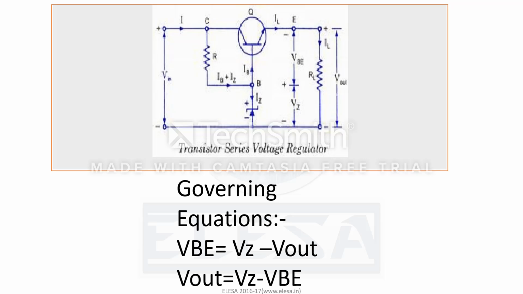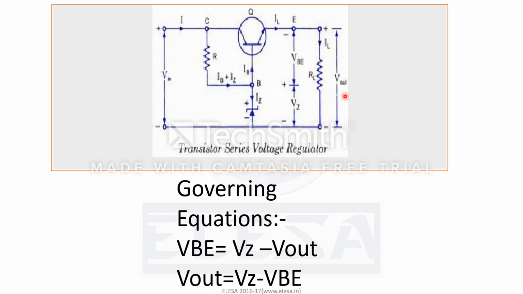This will lead to an increase in the collector emitter resistance of the transistor, causing an increase in collector to emitter voltage, and as a result the output voltage will be reduced. Thus output voltage will remain constant.